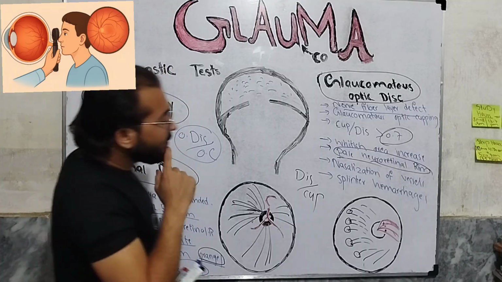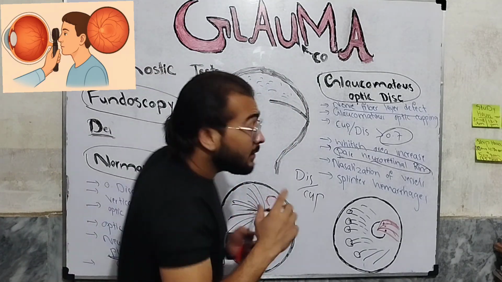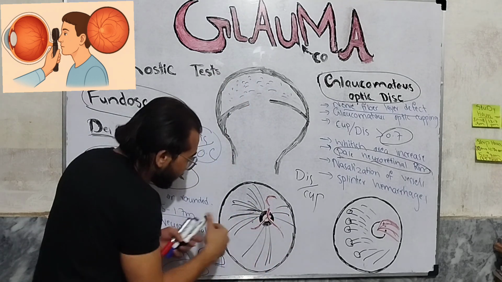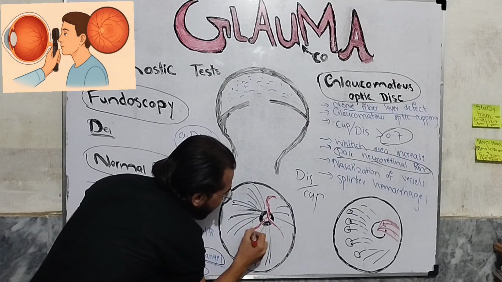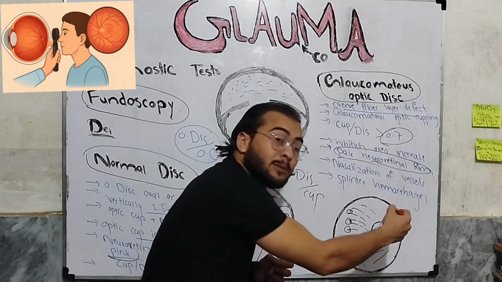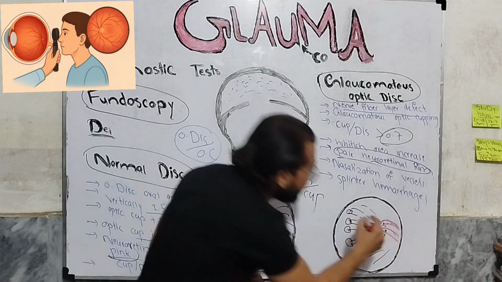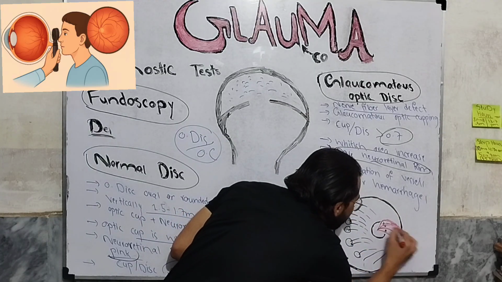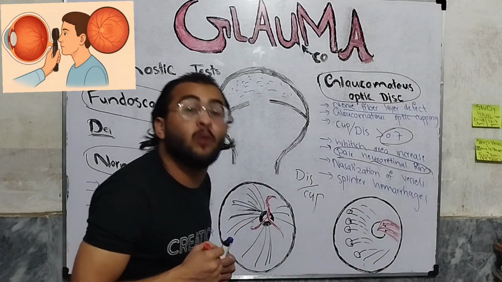Other glaucomatous changes: in the normal retina, we have the normal visual symmetry, and these vessels cluster up on the medial side, the nasal side. This clustering of the vessels on the nasal side is called nasalization of vessels.